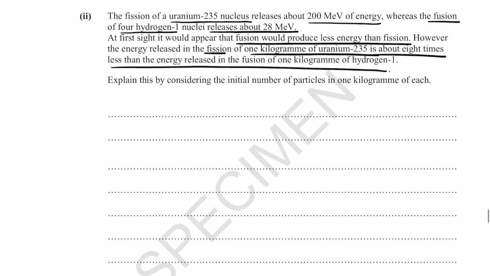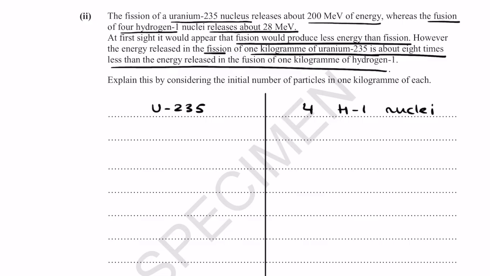Okay, this is a nice question because it's just based on calculations. So we can work out the... I'm just going to draw this out like a little table. Uranium-235 versus 4 hydrogen-1 nuclei.